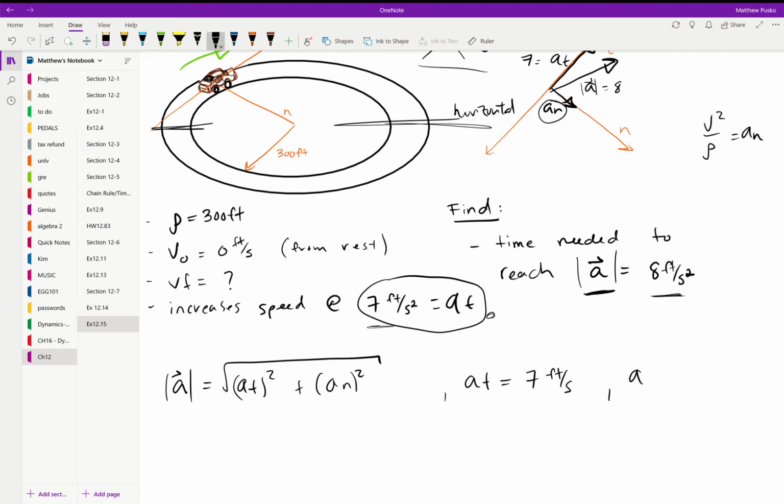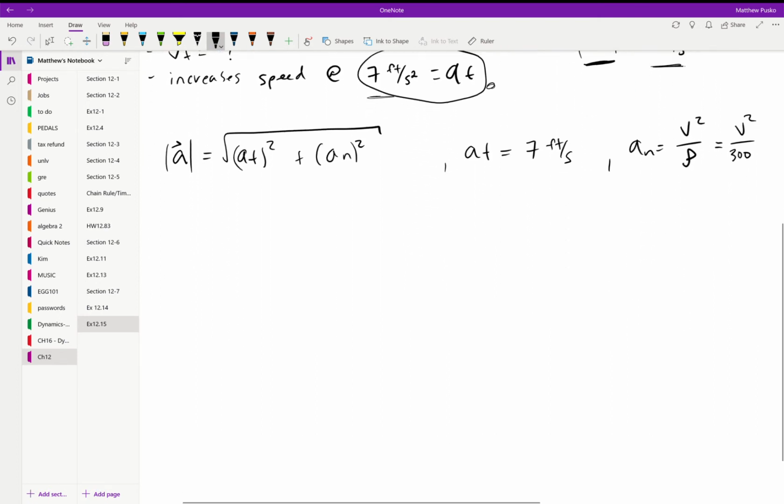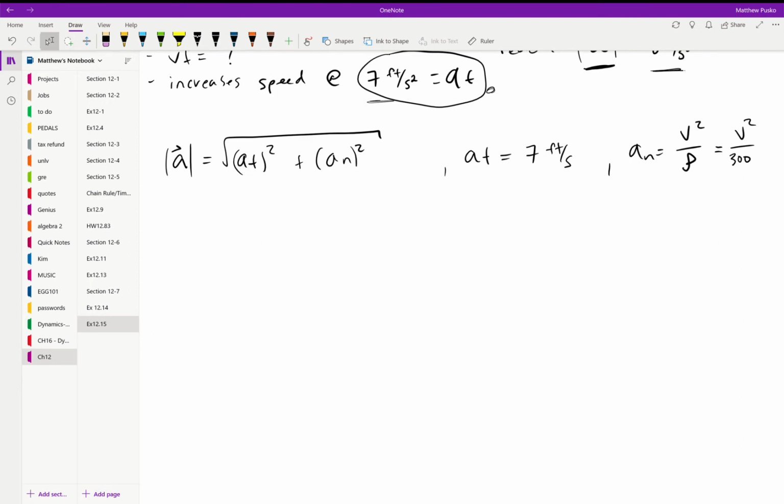All we know about the normal component, though, is that it is v squared over rho. We know the rho, though, so we can go ahead and say v squared over 300. Now, we want this to add up to be 8.